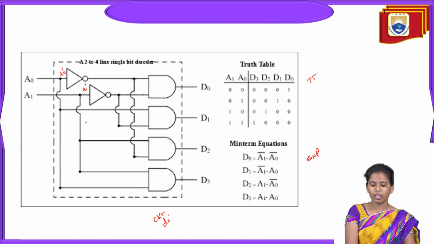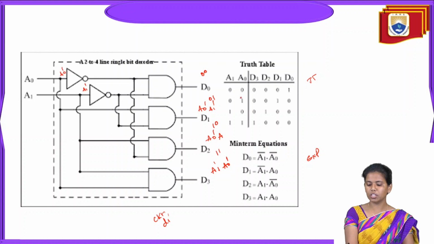So that is D1, and this is A0 bar and A1 bar, and here A0 bar and A1, and A1 bar, and one more A0 bar. So here I can say 0 0, 0 1, 1 0 and 1 1. So this is all about 0 0, 0 1, 1 0 and 1 1.